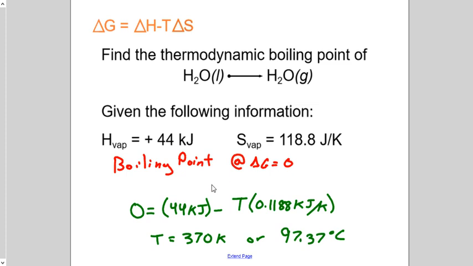So if we set the granddaddy equation equal to 0, we can plug in delta H minus T delta S. We can use that to solve for this temperature value to figure out what the thermodynamic boiling point is. And that's going to be about 370 degrees Kelvin, or 97.37 degrees Celsius.